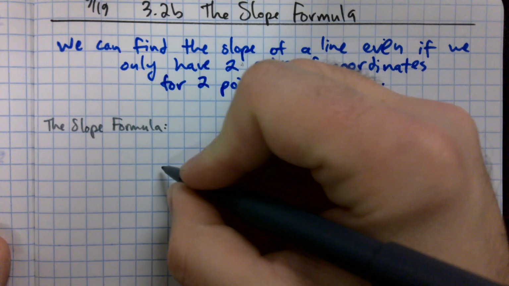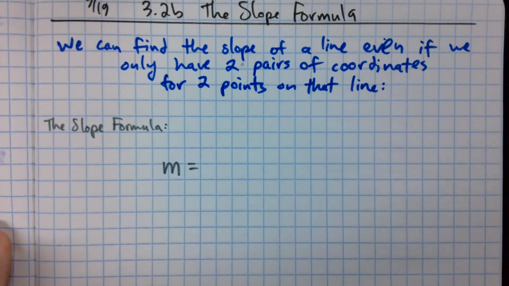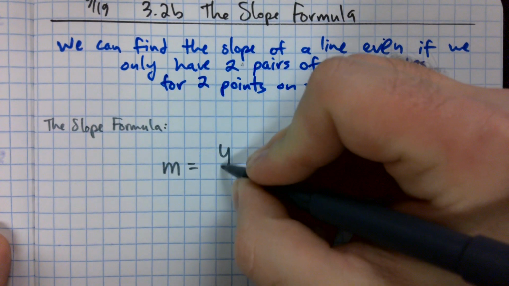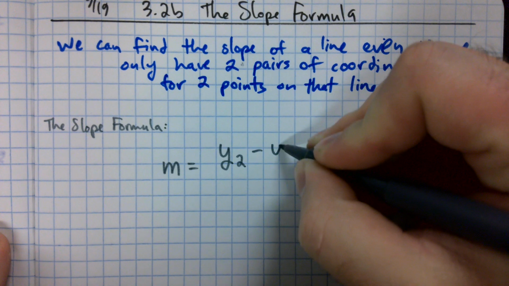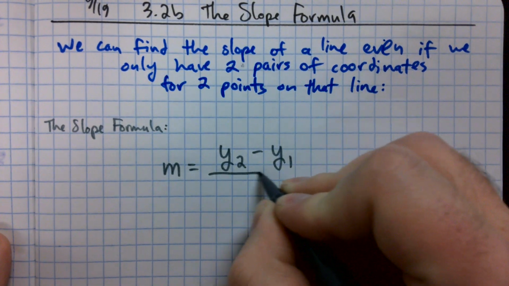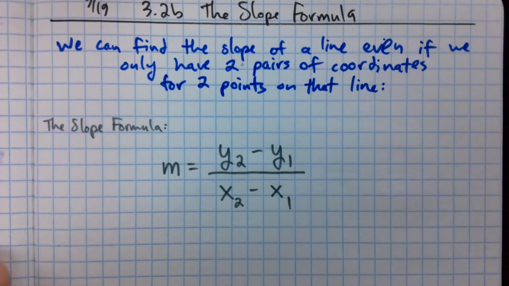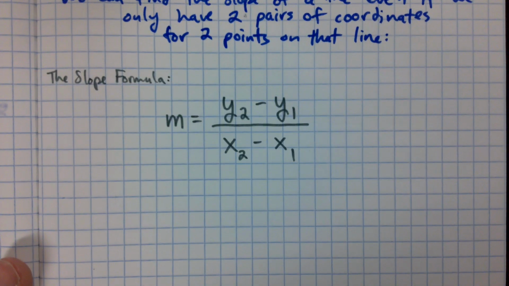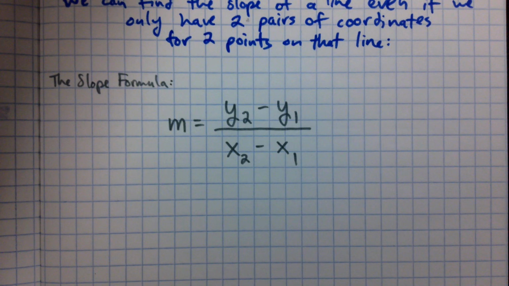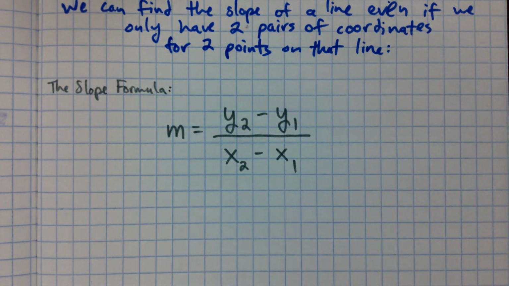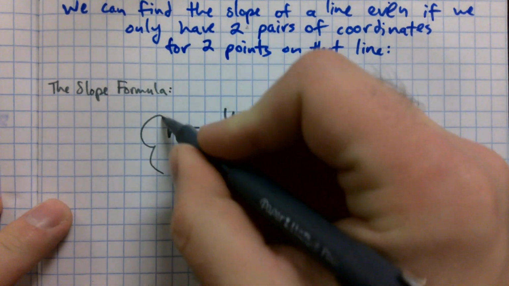The slope formula is m equals y2 minus y1 divided by x2 minus x1.